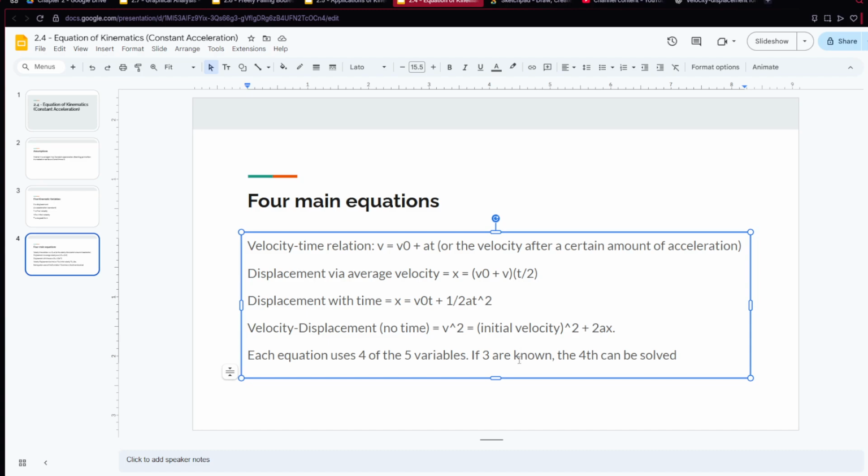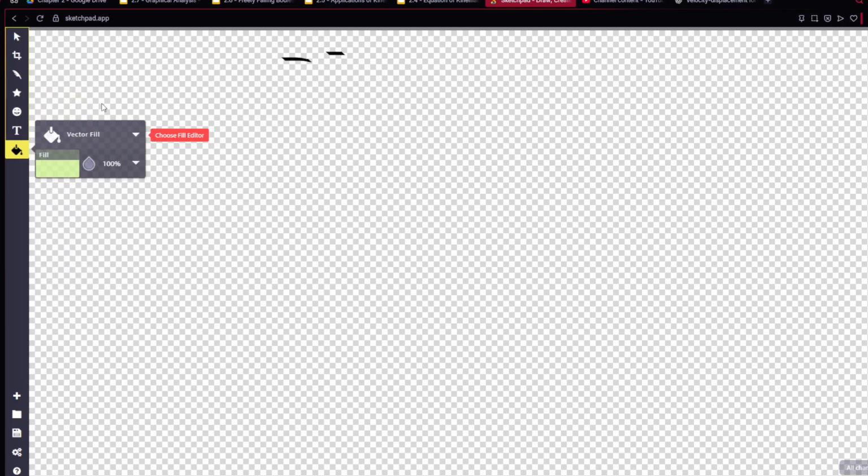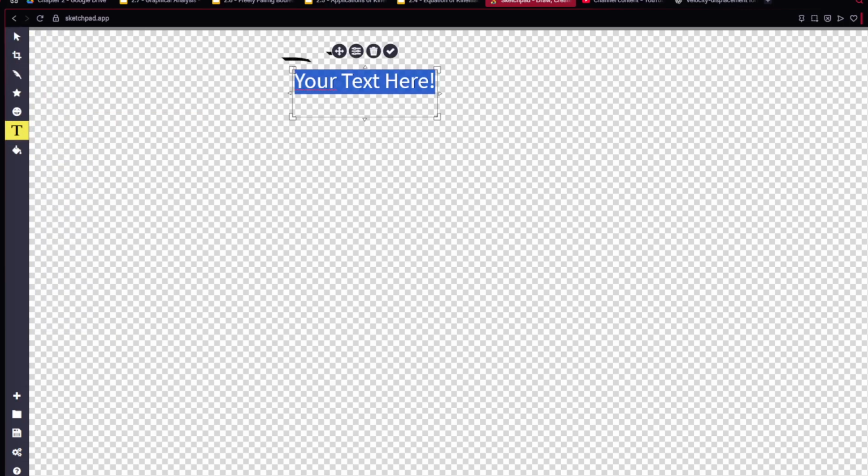Pretty easy. So let's do some questions here, and I'm just going to do it myself, not reading off a book. So let me just, I'm going to read the question off the book. So we have the speedboat has a constant acceleration of 2, and since we're using the metric system, I guess I won't have to clarify that it's meters per second squared, but I'll do so anyways, just because why not.